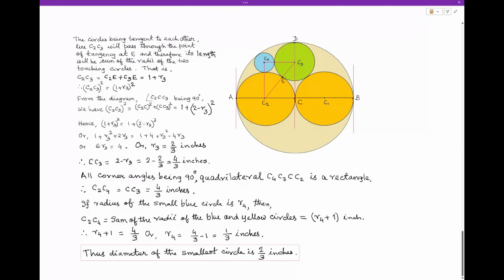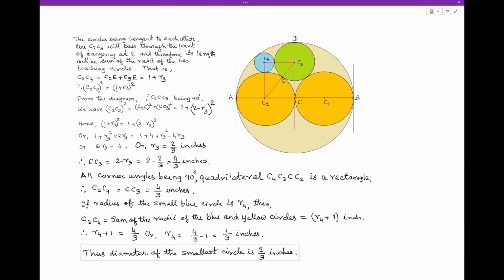The circles being tangent to each other, line C2C3, that is this line, will pass through the point of tangency at E, and therefore its length will be the sum of the radii of the two touching circles. That is, C2C3 is equal to C2E plus C3E, and that is equal to 1 plus R3.